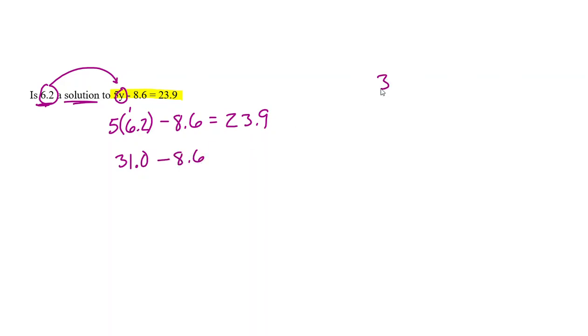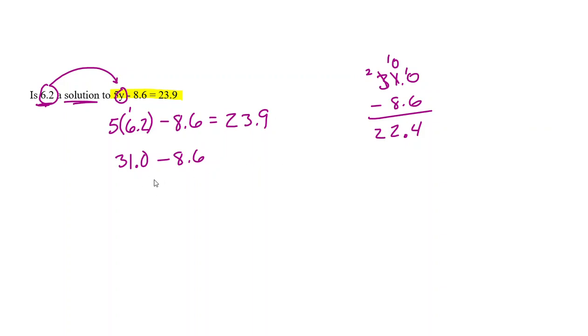I can't do that one in my head. 31.0 minus 8.6. We'll borrow from the 1, make it a 0, make that a 10. 10 minus 6 is 4. Bring down the decimal point. Again, we'll have to borrow from the 3, make it a 2. So we have a 10 there. And then 2 minus 0 is 2.